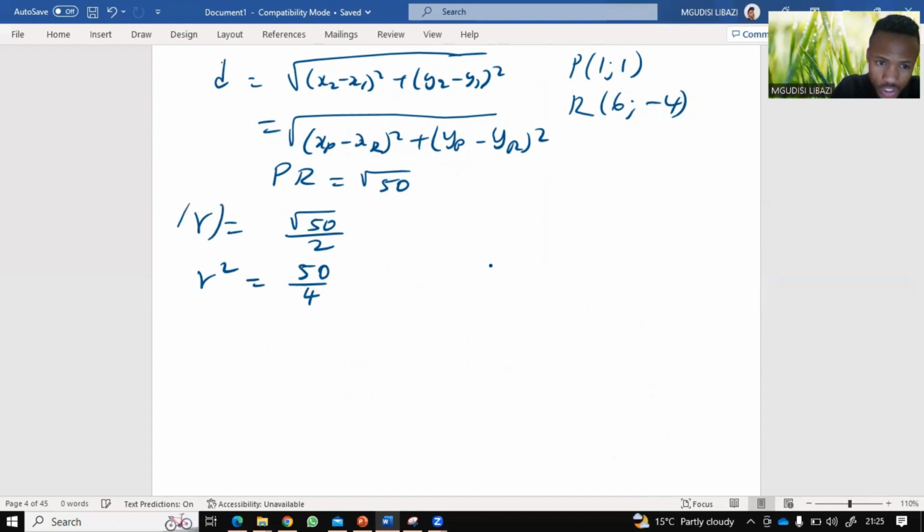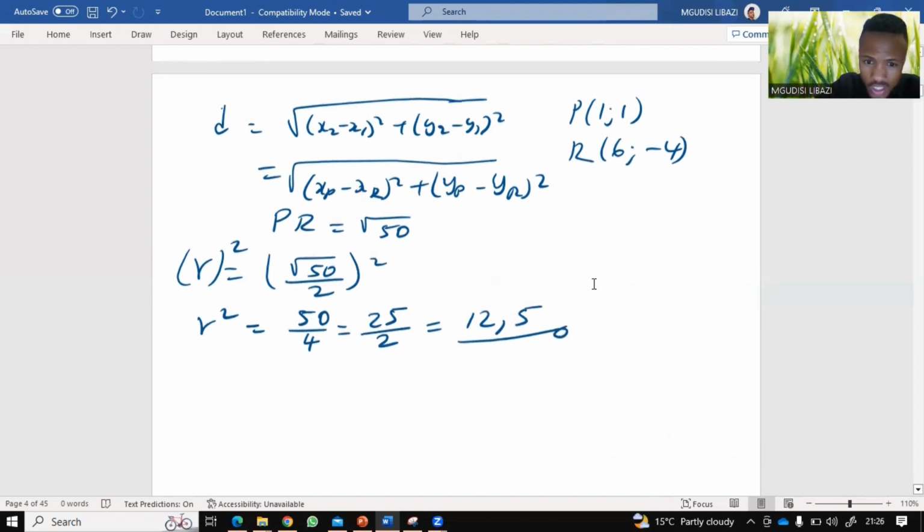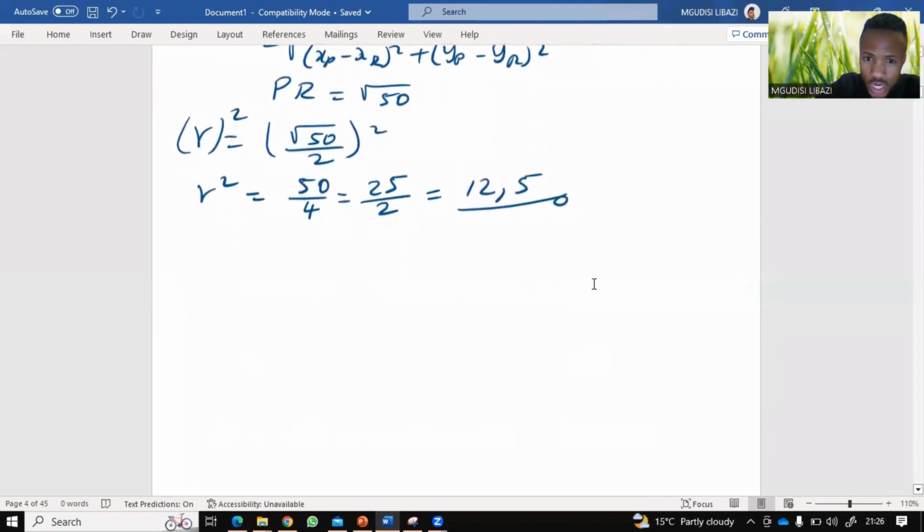Because we square both sides, the square root will just be out on the numerator, and then the below one will be 4. So we know that 50 divided by 2 is 25, and 4 divided by 2 is 2, and 25 divided by 2 is the same as 12.5. So that is the radius that we have, or the r squared.